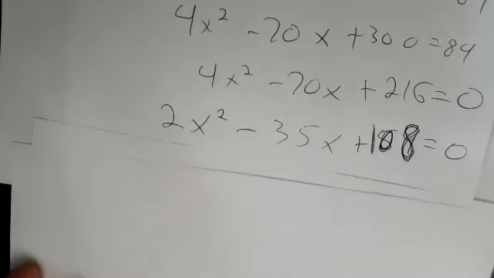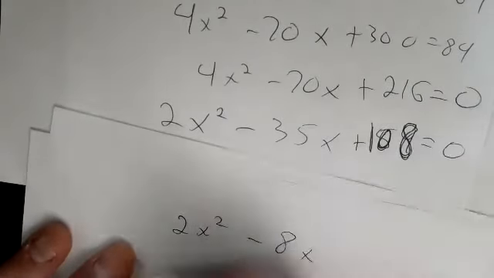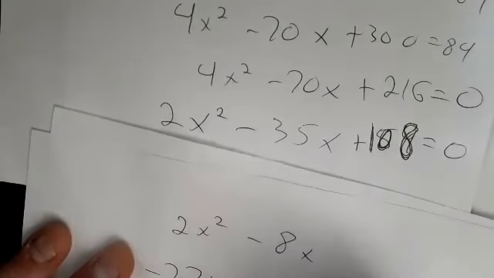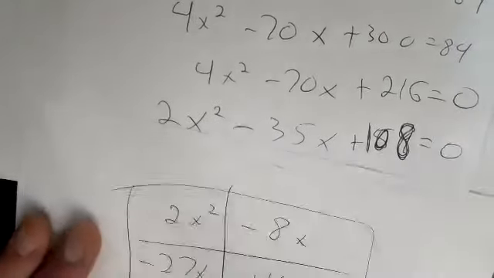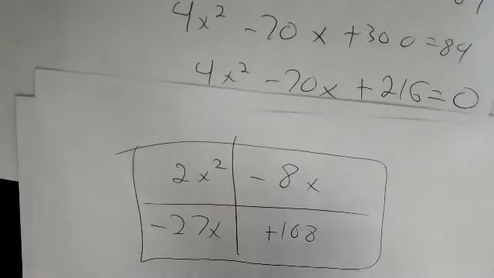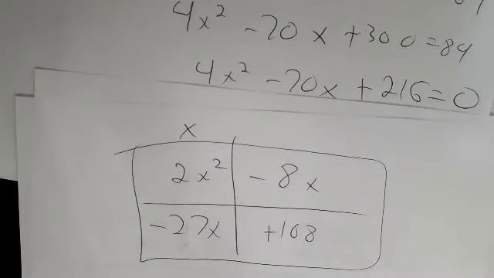I want to throw in 2x squared, minus 8x. I want to do minus x. I want to do plus. Between 2 and 27, I don't think I can take out anything. Take out an x. Between 8 and 108, I can take out 4.